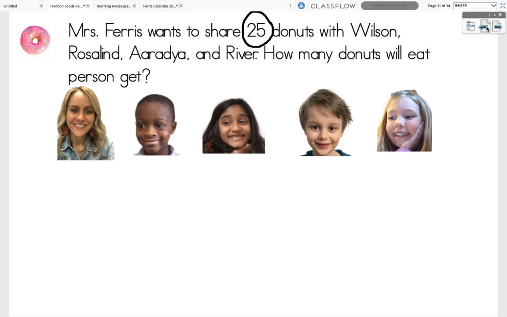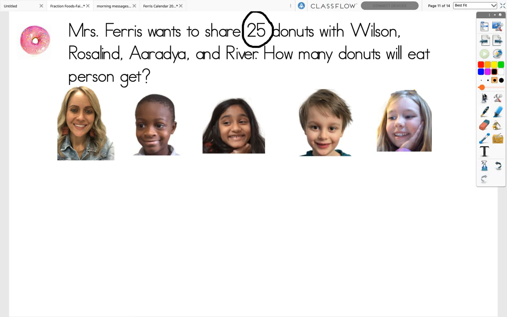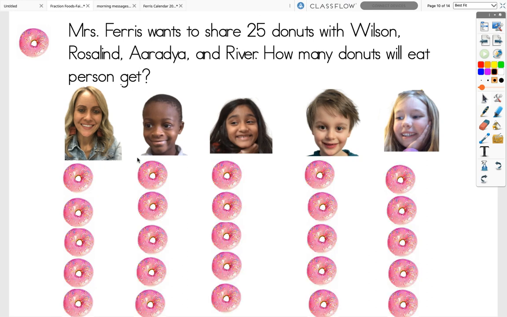So one way you could do this is you could count out 5 per person, knowing that when you skip count, you're going to get the same number over here. 5, 10, 15, 20, 25.